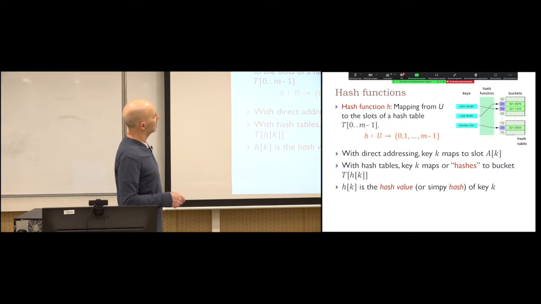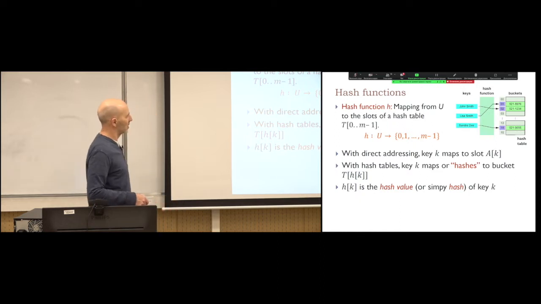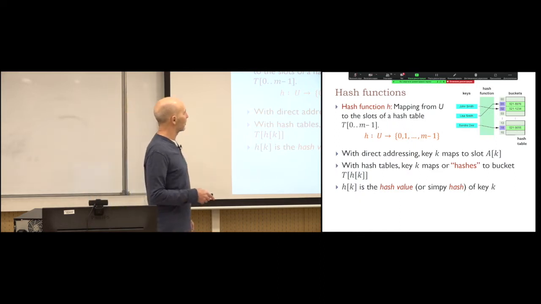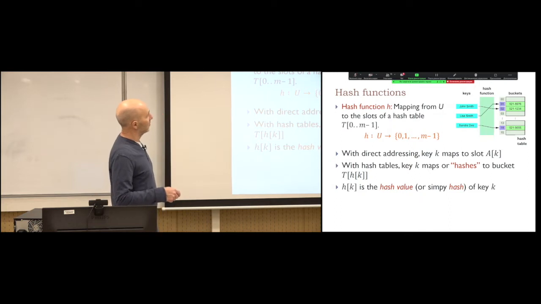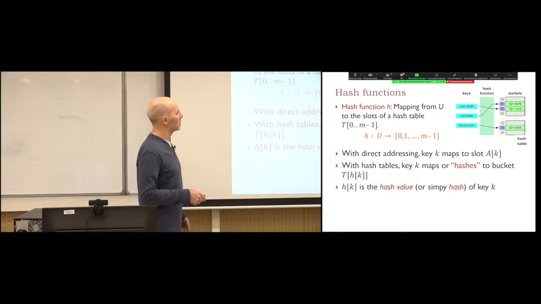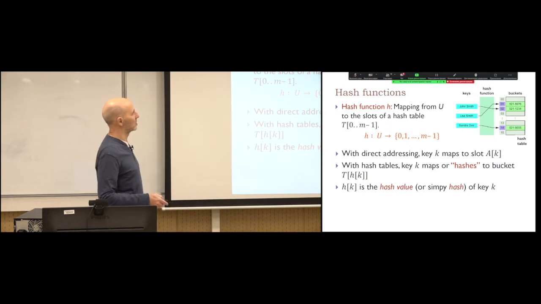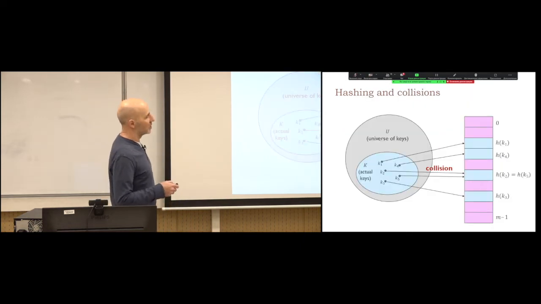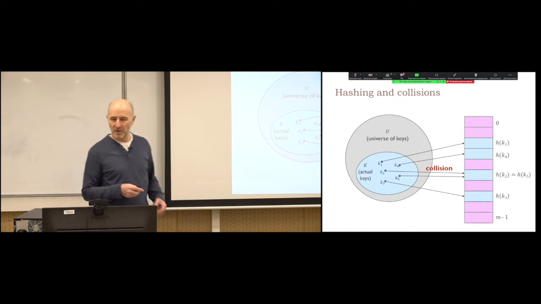The value of the hash function is usually called the hash value or simply hash. Hash tables are a sort of indirect addressing of our objects, in contrast to simple arrays where we address objects directly.